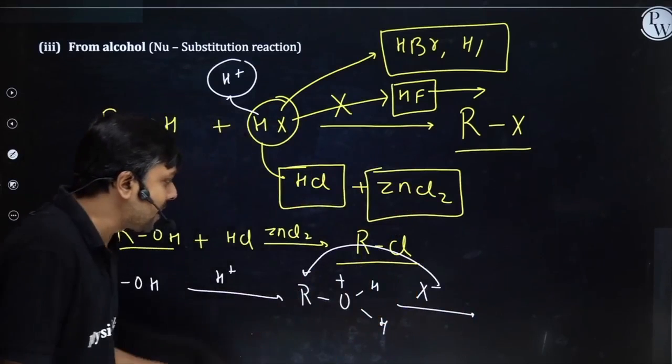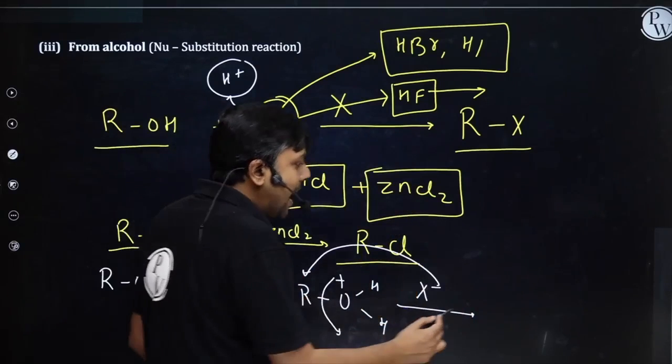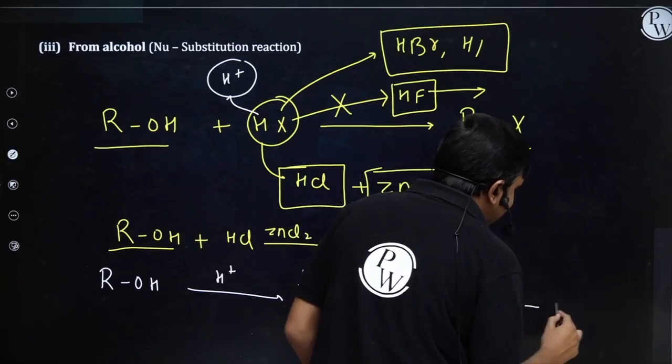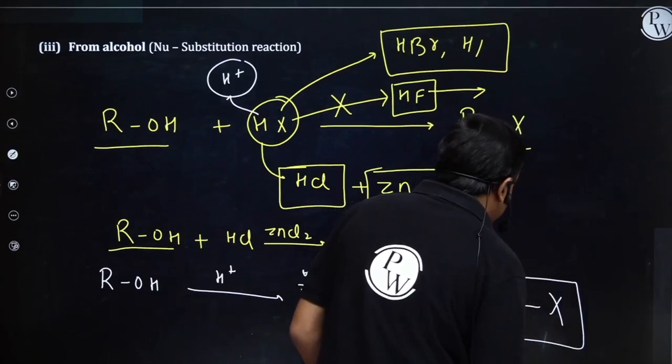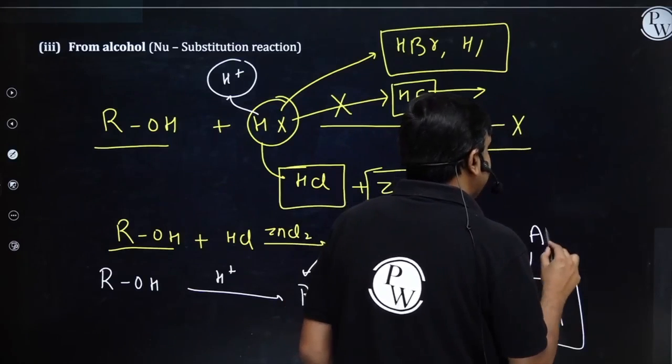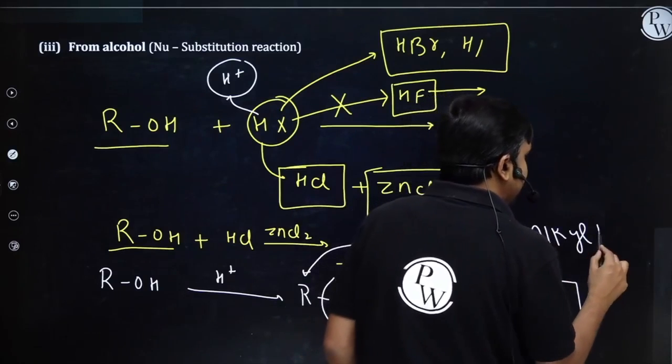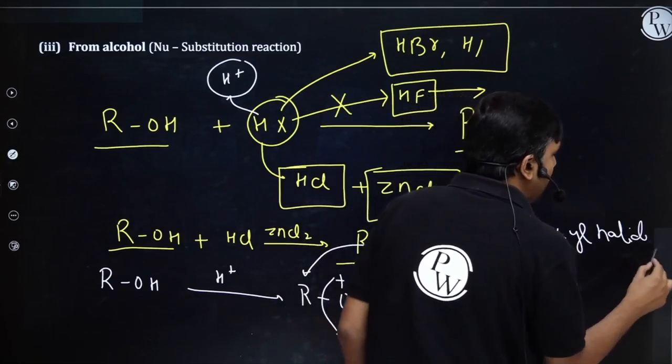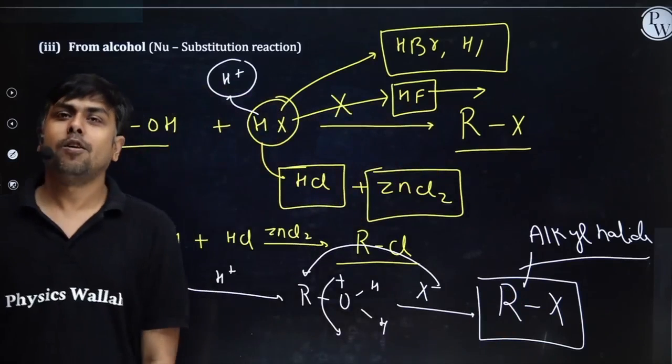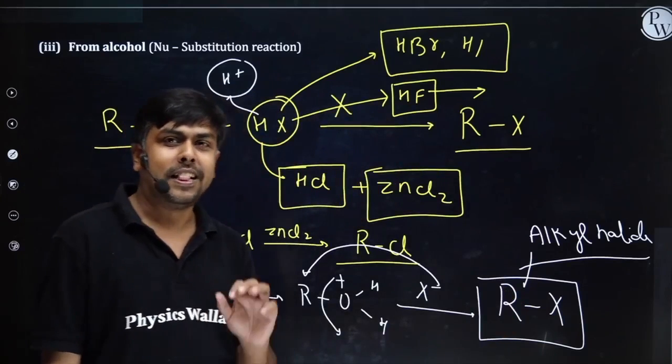As soon as it attacks here, this one departs, and I will have the formation of RX, which is nothing but alkyl halide. Am I clear? I hope this particular method is also clear to you all. Let's move ahead.